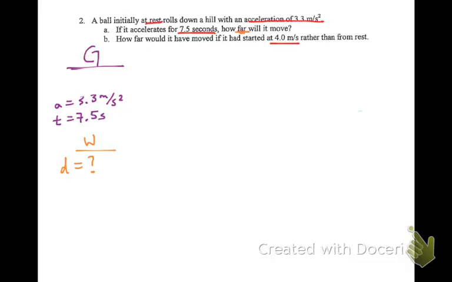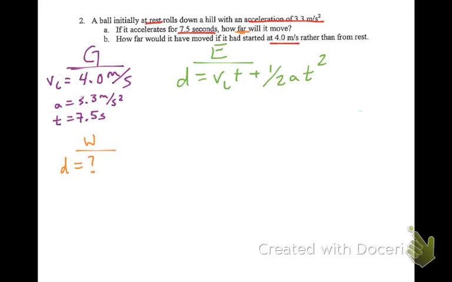Our given, so VI, instead of being 0 now, is 4.0 meters per second. Everything else is still the same, and in fact we're still going to use the same equation because we're still given the same information, just now instead of from rest we're starting from an actual velocity of 4.0.